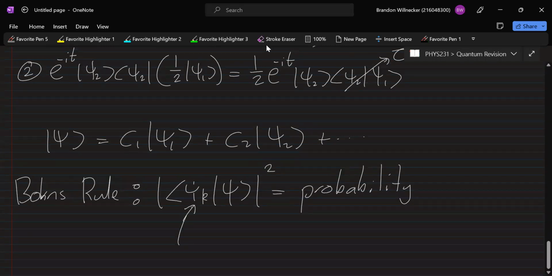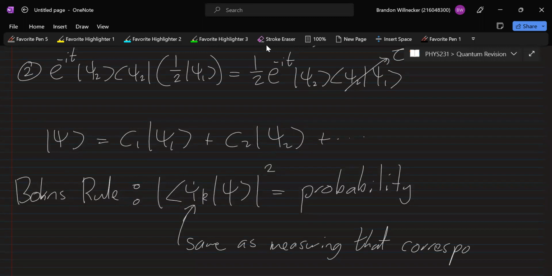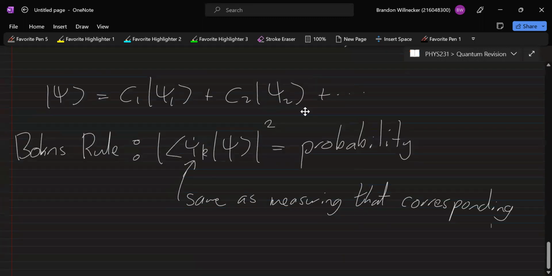So being in the eigenstate psi k, if it's an eigenstate, is the same as measuring that corresponding eigenvalue. Okay, but all of that is explained in the notes in the axioms section.